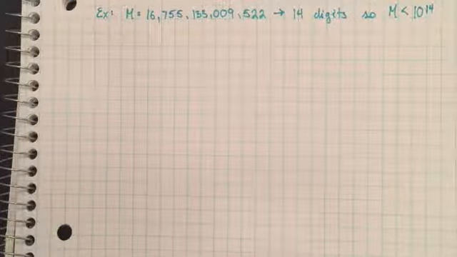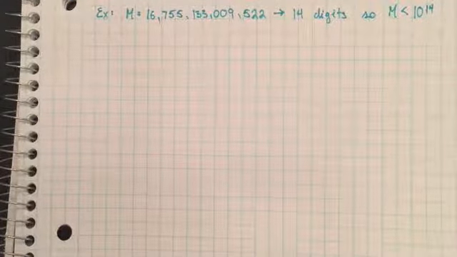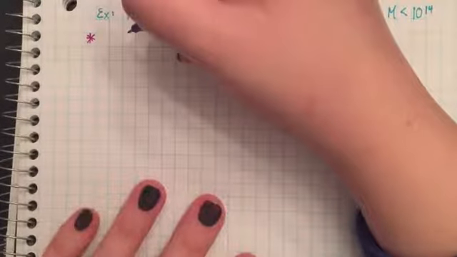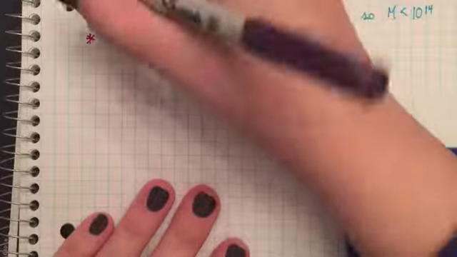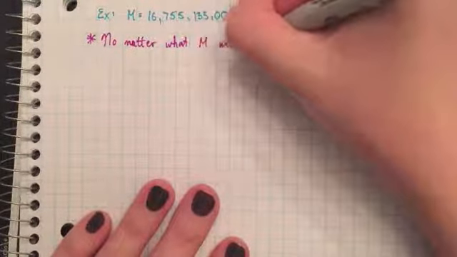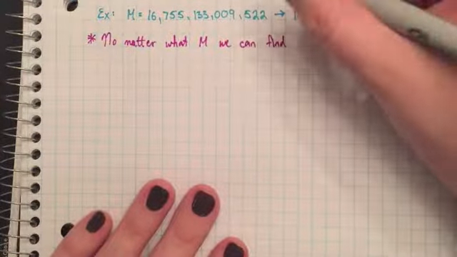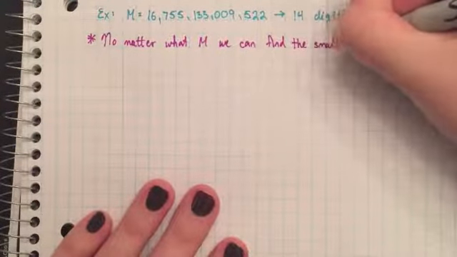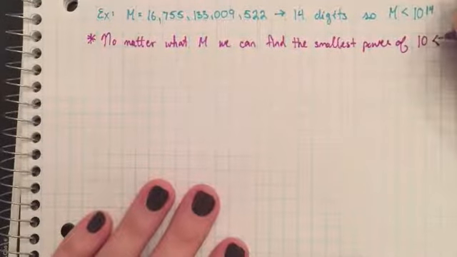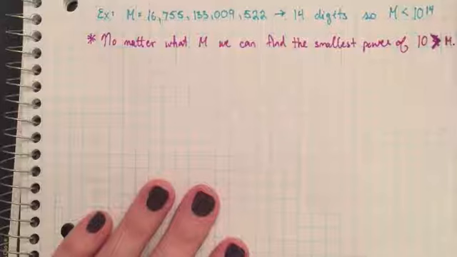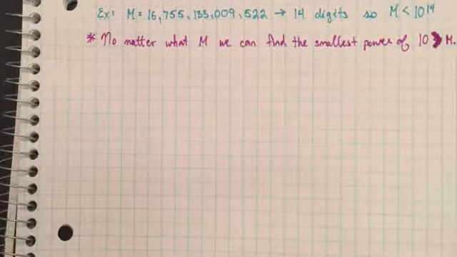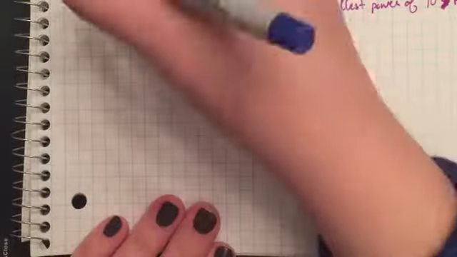Because 10 to the 14th power would be 100 trillion, and right now I only have 16 trillion. So I'm able to use 10 to the power of something to give me a relative size of this very, very large number in kind of a simple notation. So no matter what m, we can find the smallest power of 10, which is greater than m.